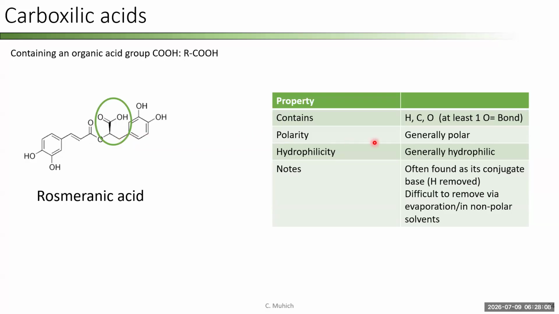This is generally very polar because we can form ions, or rather our anionic form, when this hydrogen leaves.